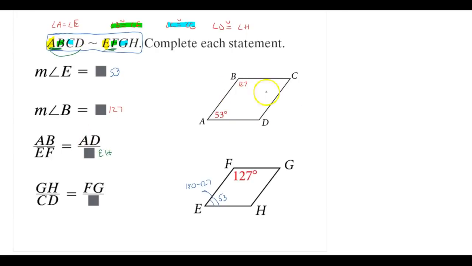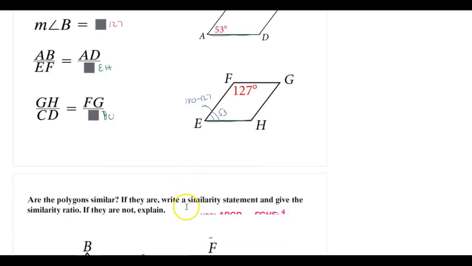If I look, AD is down here, EH is down here. So right away, the ratio of GH to CD is equal to FG to BC. In these type of problems, I prefer to use a similarity statement versus the diagram.